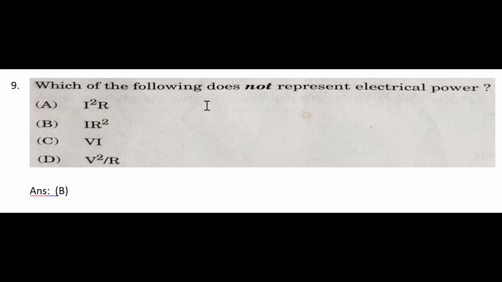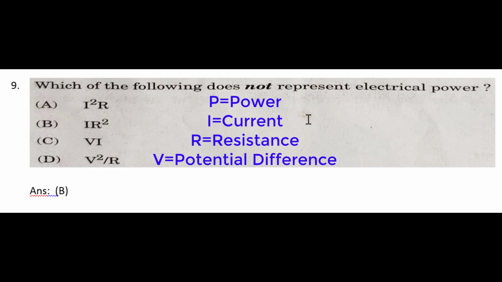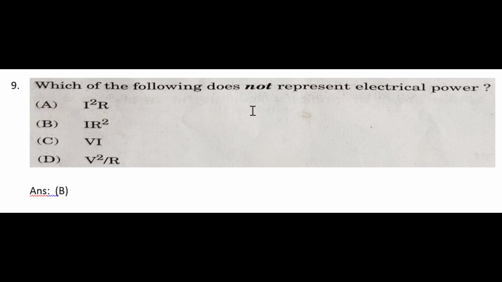Options are A, I square R, option B, I R square, option C, V I, option D, V square by R. The relationship between P, that means power, I means current, and R means resistance, is P equal to I square R. Therefore, option A is not the answer.